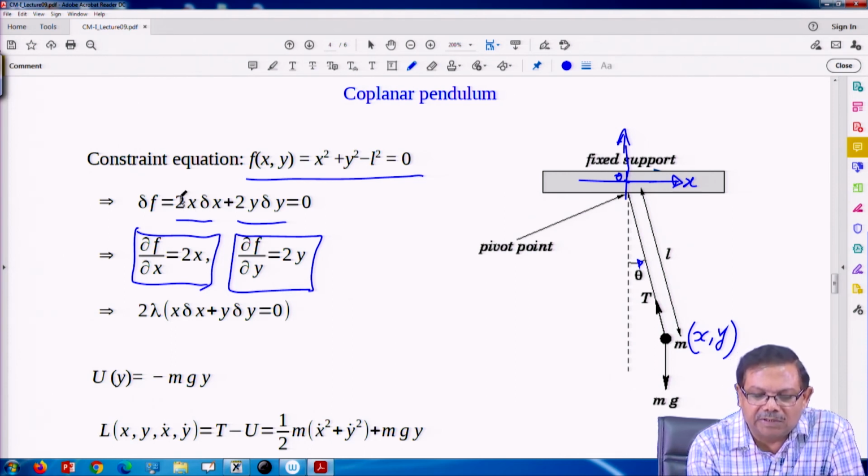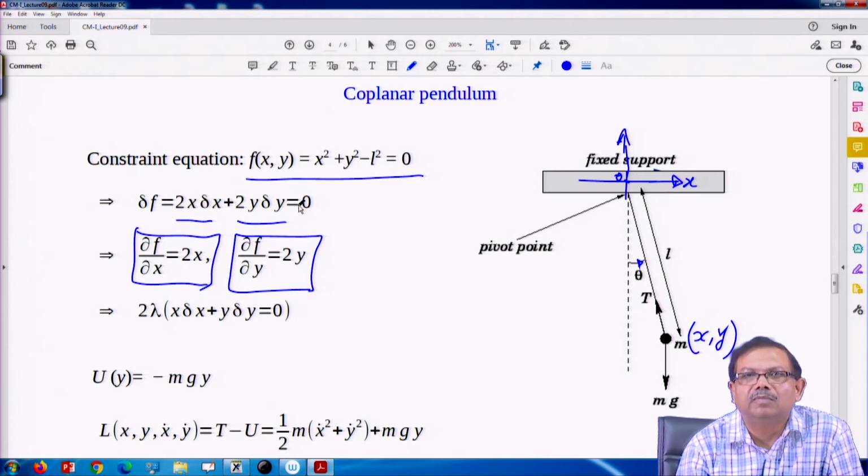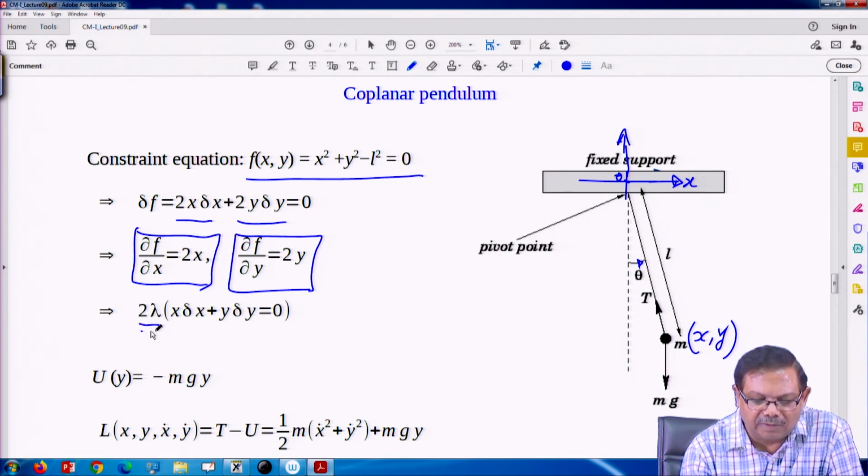So, this is 0. So, I can multiply with a multiplier. 2 I may keep, I may not keep, that does not matter. So, 2 times lambda into x delta x plus y delta y, that is equal to 0.